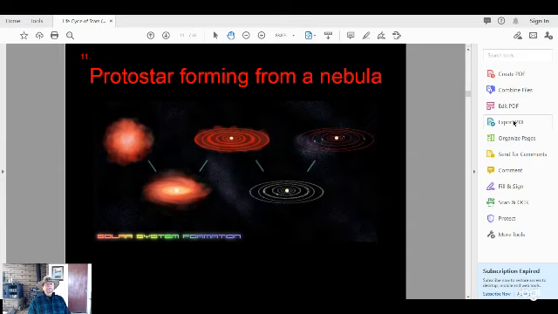Once the star begins to fuse, the solar wind that it produces will kick out a lot of the lighter elements, push them out to the outer reaches of the solar system. And that's where you have stuff like the Oort cloud, all the hydrogen and the oxygen, forming water out on the edges of these solar systems.